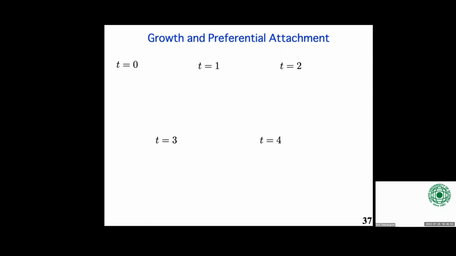At t equals 0, there is a complete graph, in this example with four vertices, and a new vertex with three edges is coming now. A vertex in the existing network acquires an edge of the new vertex with probability proportional to its degree. Of course, at t equals 0, this is a complete graph, so the probabilities are equal, but let's say this is the case.